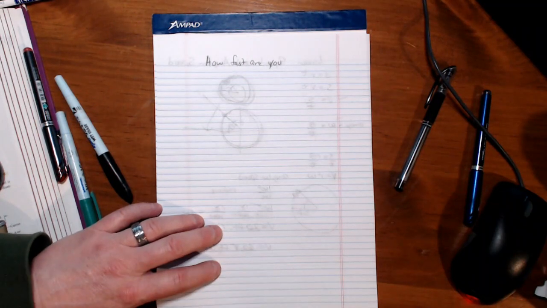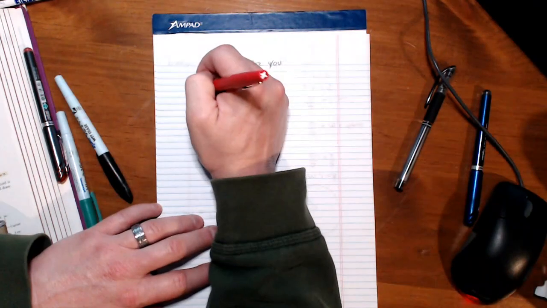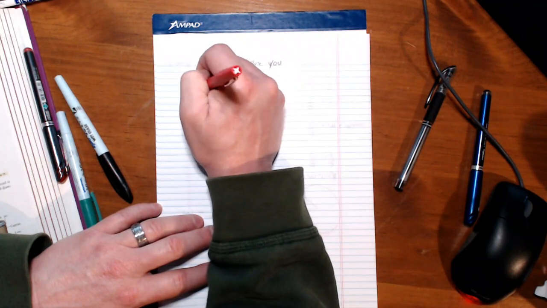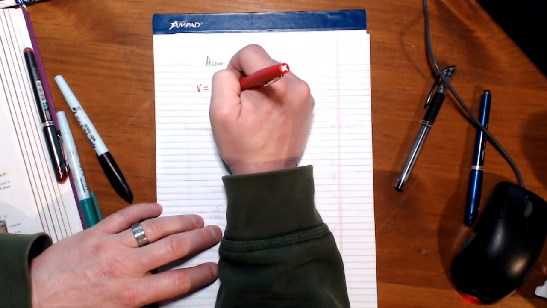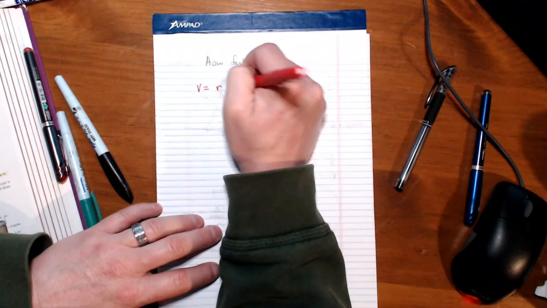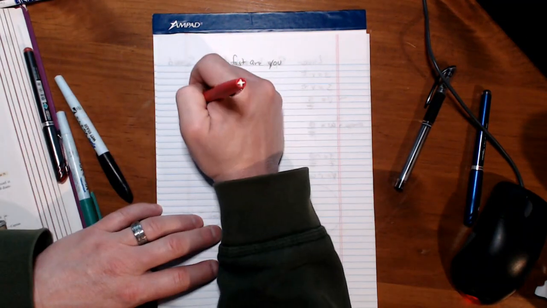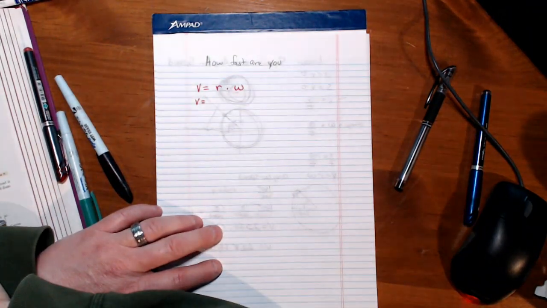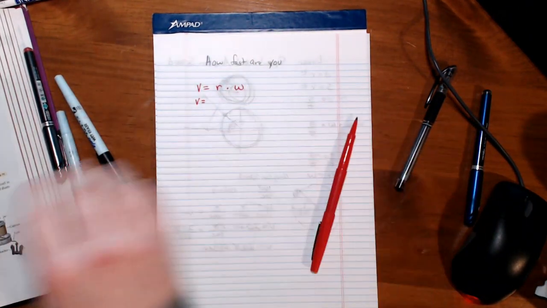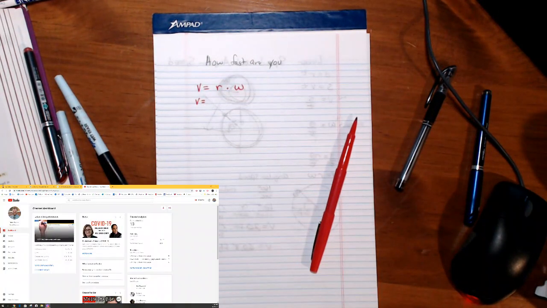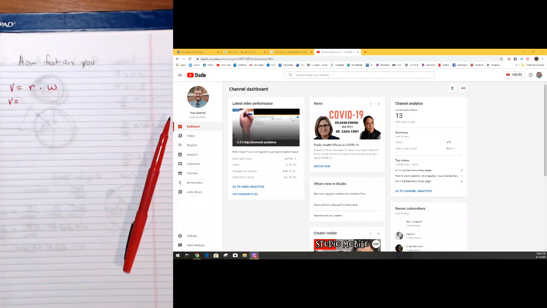How fast are you? So the velocity that we're traveling is equal to the radius times the amount of angle that we have. So we have to figure out what is the radius of the Earth. So I'm going to Google it here.